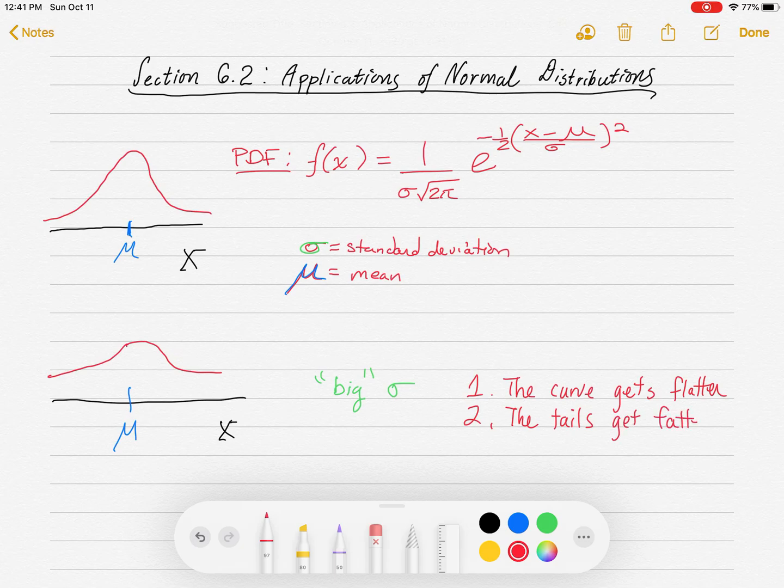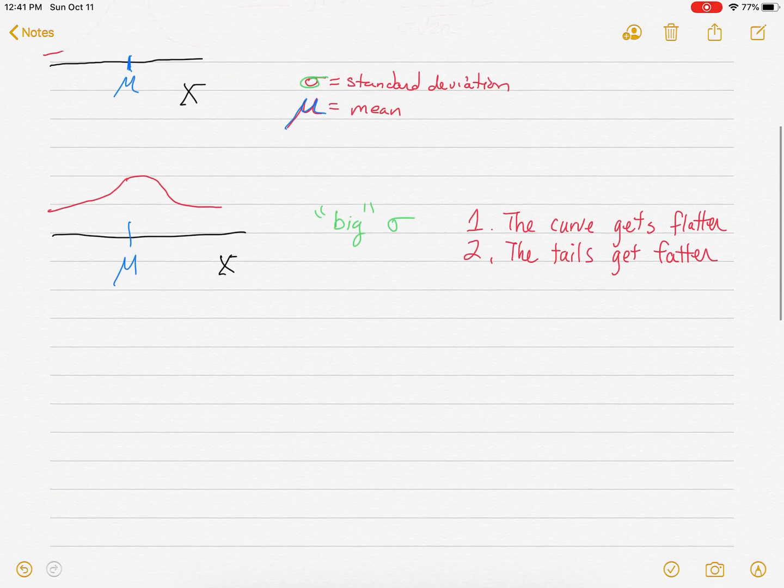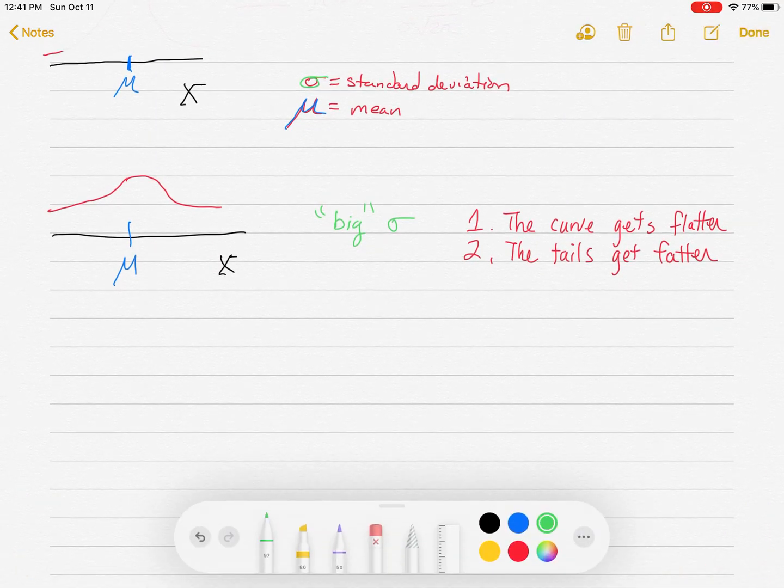And number two, the tails get fatter. That's what happens to the normal distribution when I have a big standard deviation. Okay, what happens when I have a really small standard deviation? That's the question. Small standard deviation.